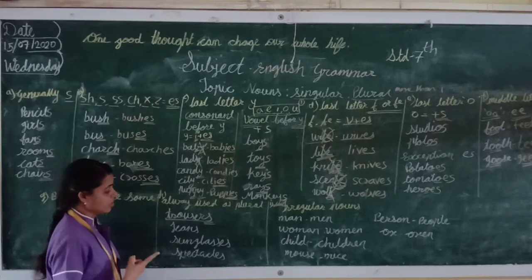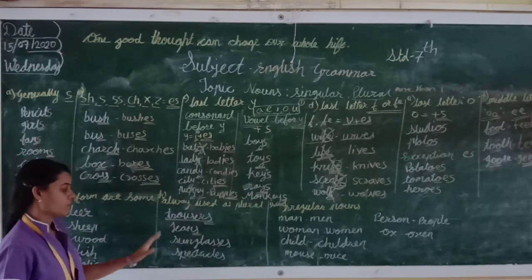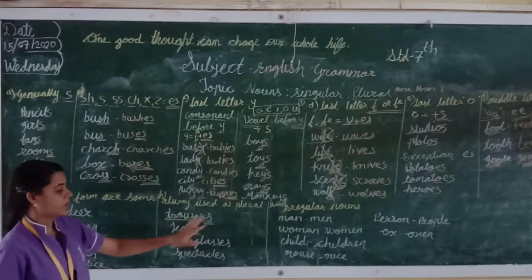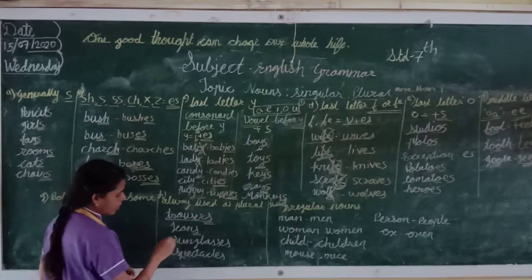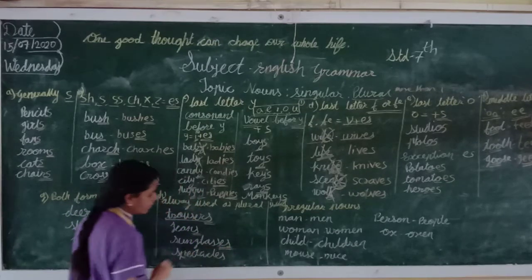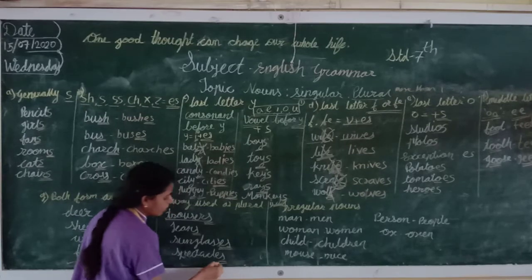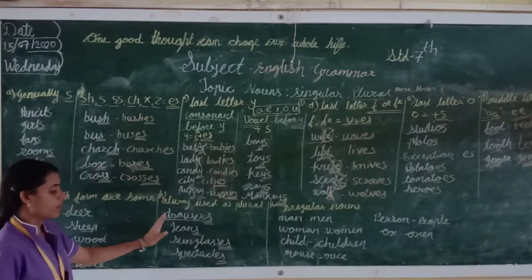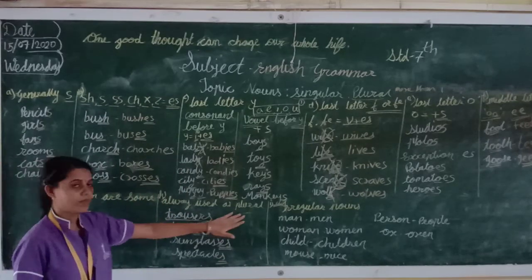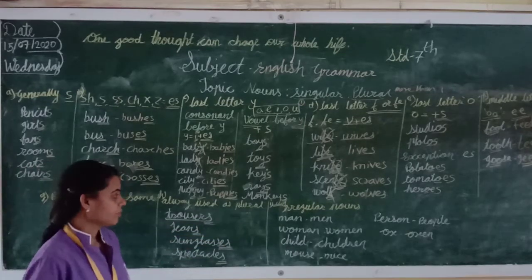We say jeans. Means some words we have to use only in plural. Sunglasses. Then spectacles. These words we have to use as plural only. I hope students you understood.